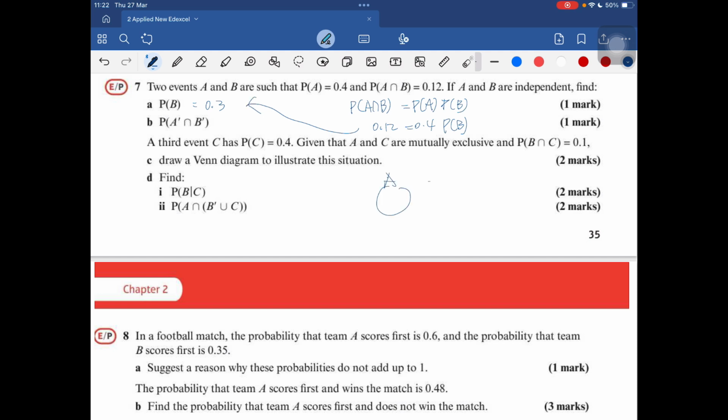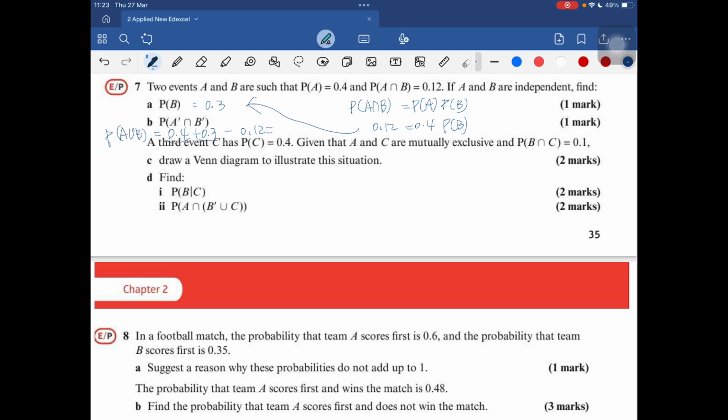A complement and B complement, out of A and out of B, and the intersection is out of A or B. So out of A or B means we need to know A and B, A or B. So A or B is A plus B minus A and B, because A and B is overlapped, so you may calculate twice.